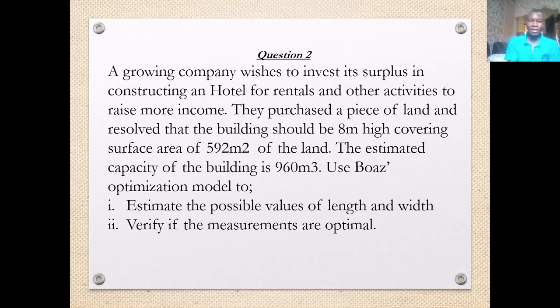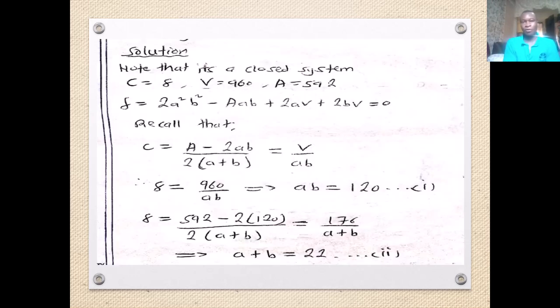Into the solution of the first question, which says we estimate the possible measurements of the length and the width of this kind of a hotel. So we have C as the height, which we are given. It's going to be constant at 8 meters high.